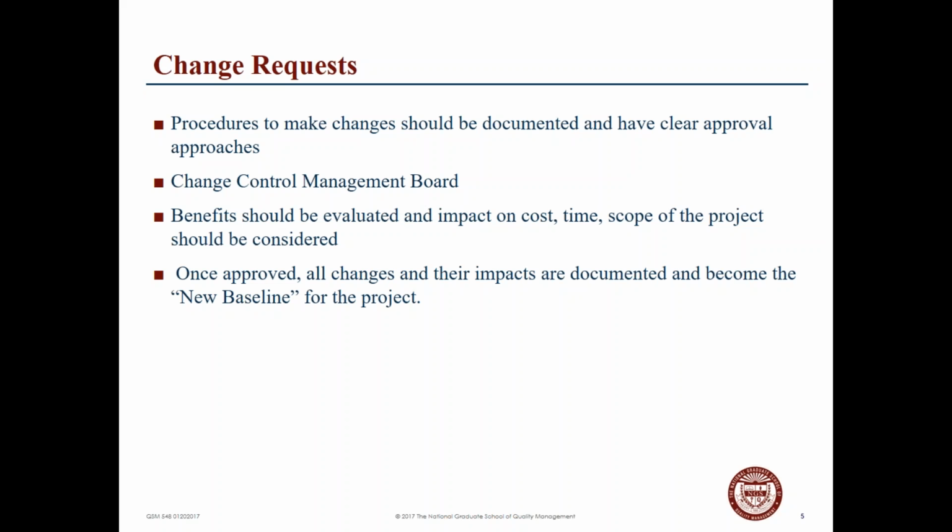With any change request, you want to make sure that the benefits have been thoroughly evaluated, and what's its impact on cost, time, and the scope of the project should all be considered as you look at these change requests. Once the changes are approved and everything has been documented, this becomes a new baseline for the project, depending on the effects of the change.